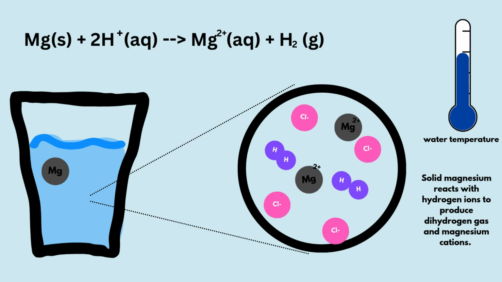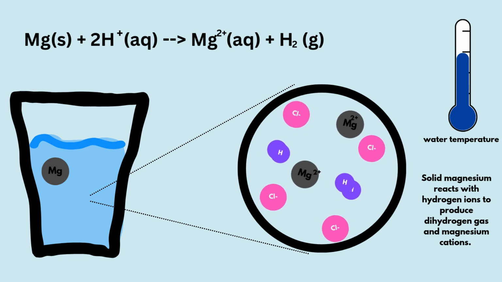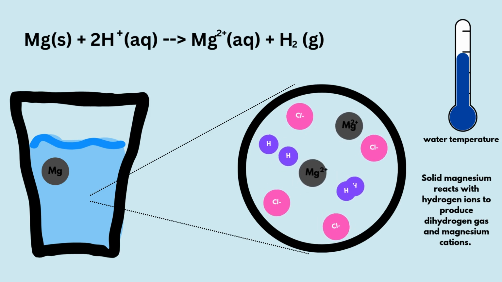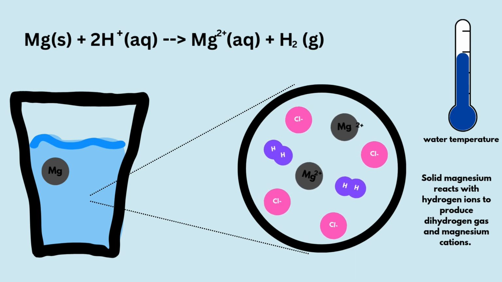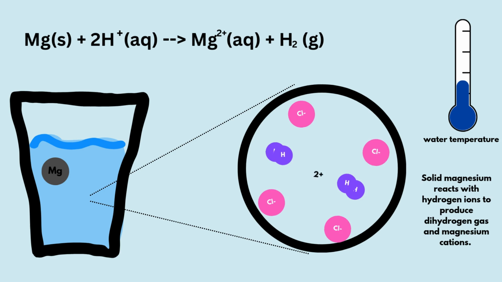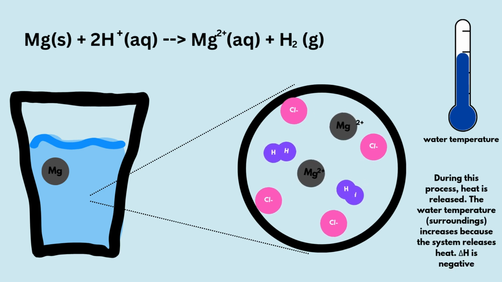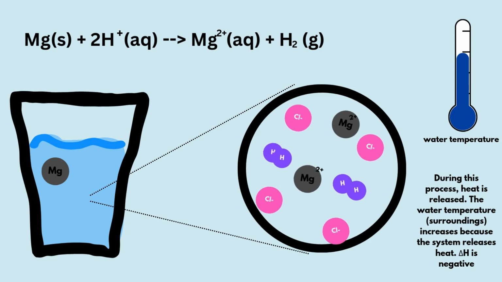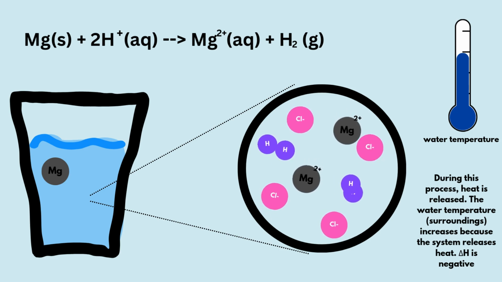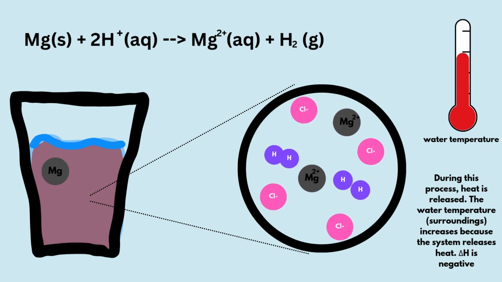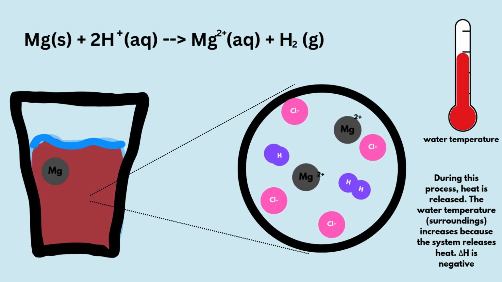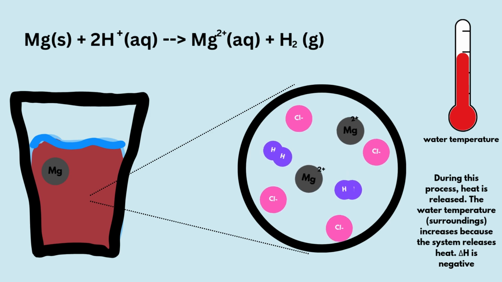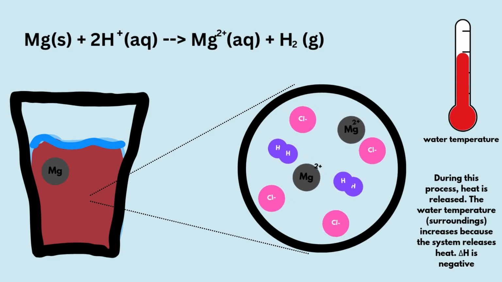When this is added, the magnesium reacts with the hydrogen ions to make dihydrogen gas and magnesium cations. When this occurs, the water temperature, or the temperature of the surroundings, rises. This means that the reaction or system releases heat, so the change in enthalpy is negative.